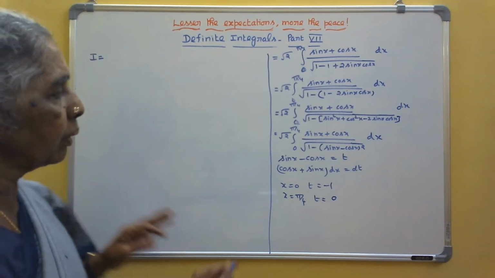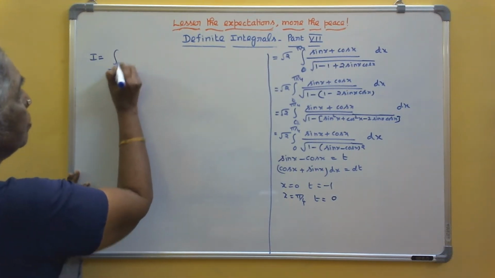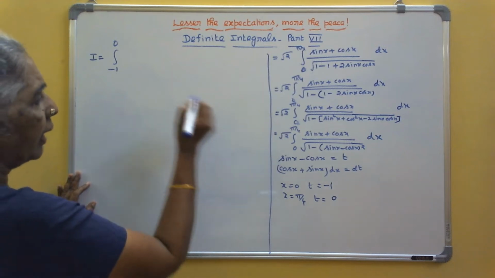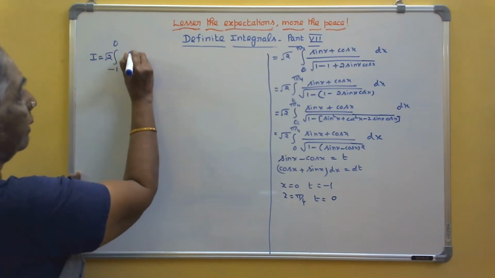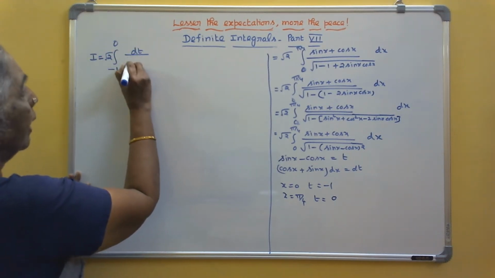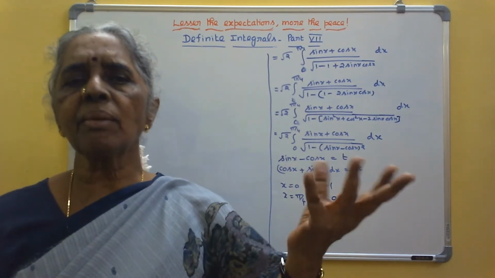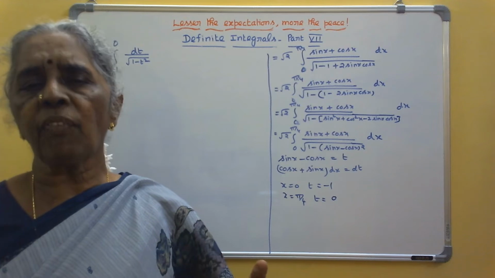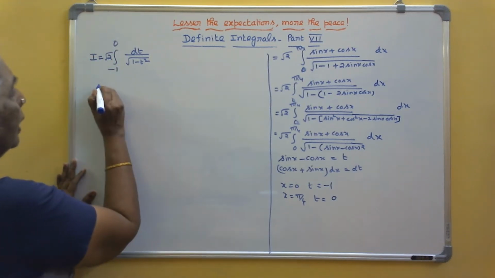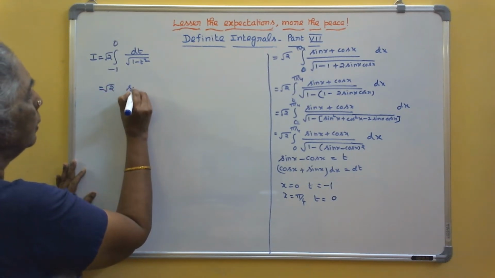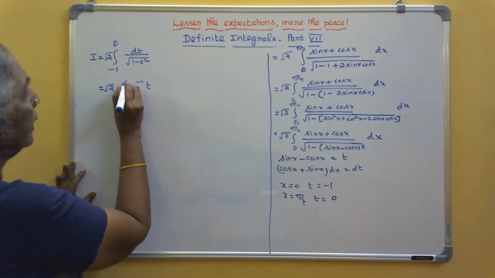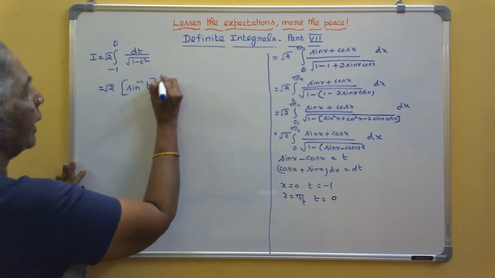Now I will be equal to, now the limit is minus 1 to 0, right? The root 2 is here, you write it. Numerator is dt. Denominator is root of 1 minus t squared. Now it is a very simple integral. There is a straight formula for it. So it is root 2 into sin inverse t within the limits minus 1 to 0.